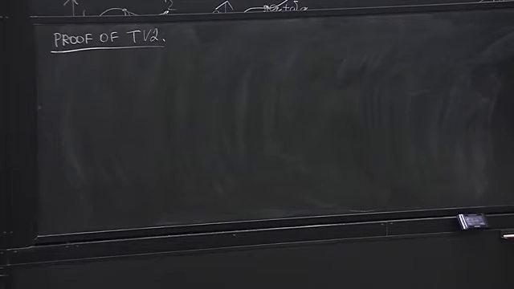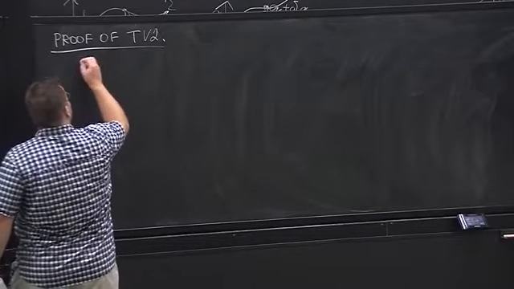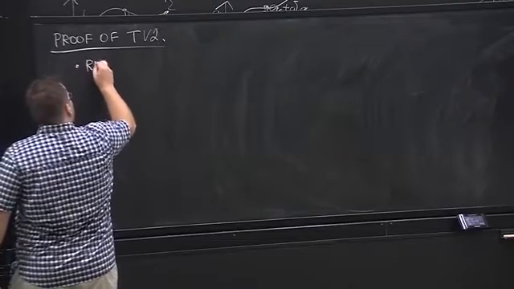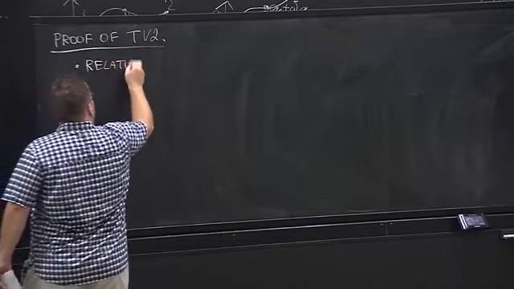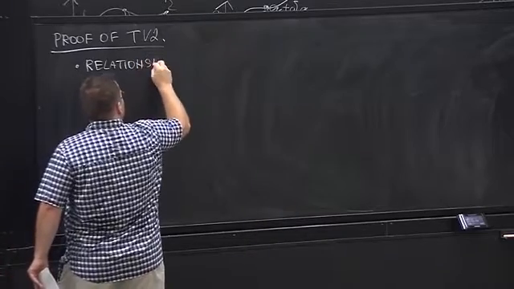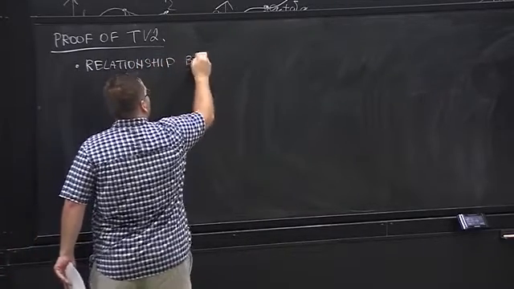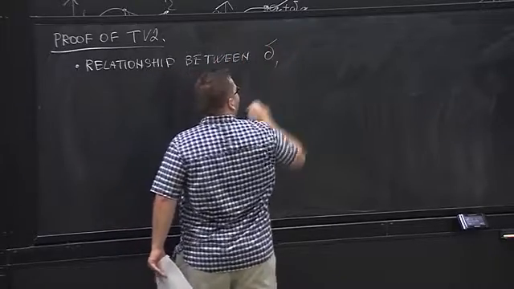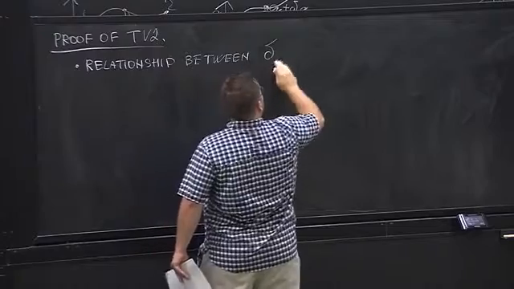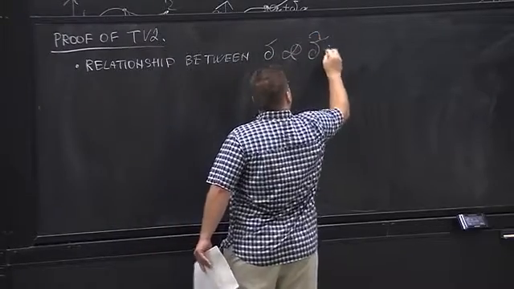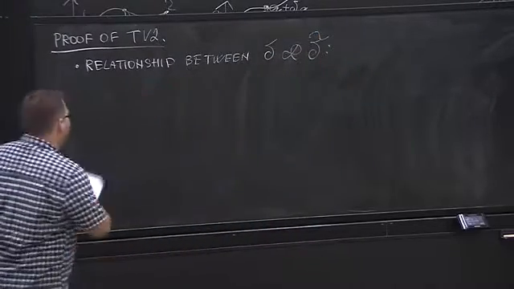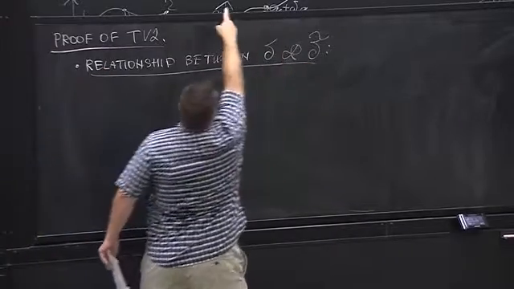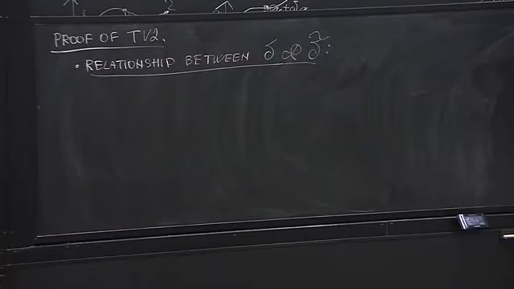For this, what you really need to understand is what these variations are. So let's call it the relationship between the standard variation, as you know it from equations of motion, and delta tilde. The way I define it here, delta tilde on t is just the difference between the times.